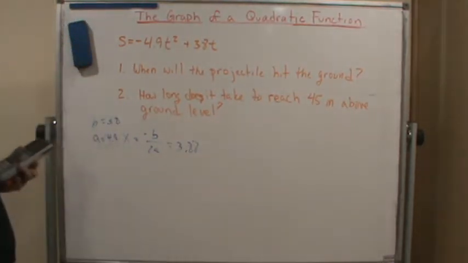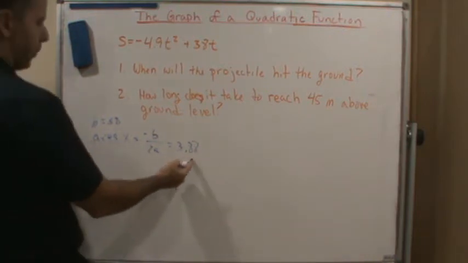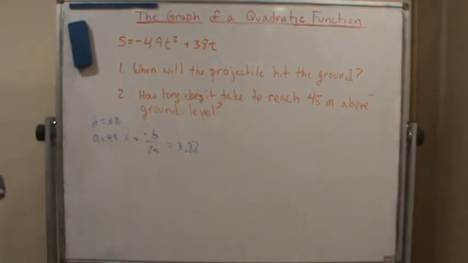If I put 3.88 in here, I get something positive, so you're always above ground level.